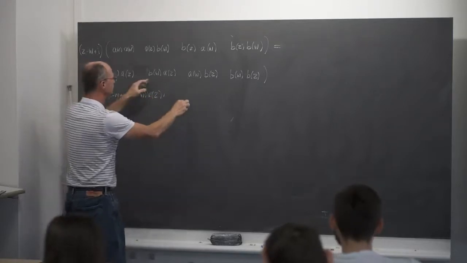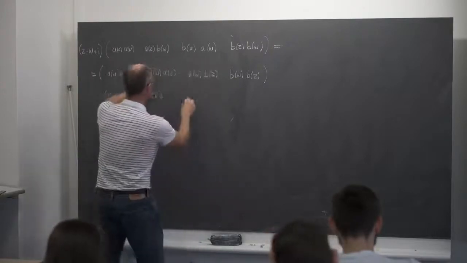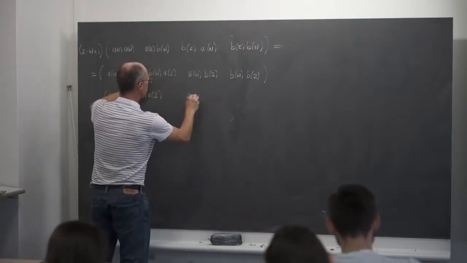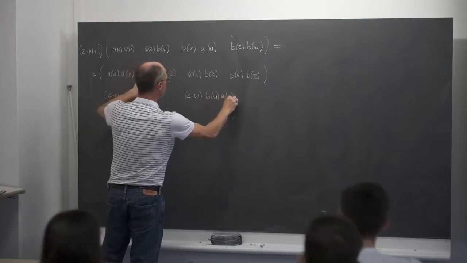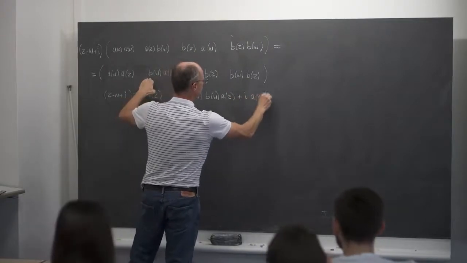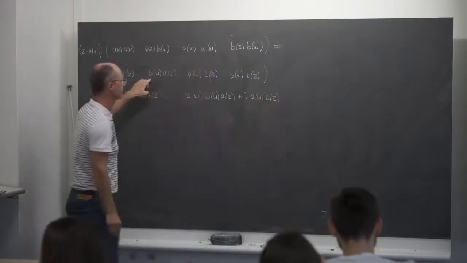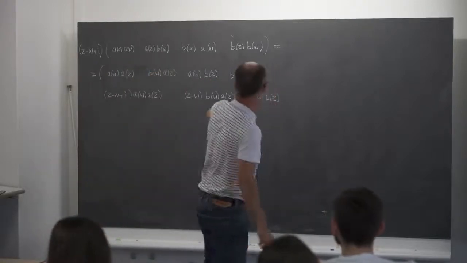So now the next entry, here it becomes more complicated or more interesting. It becomes Z minus W times B of W, A of Z, plus I, A of W, B of Z, right? So the next entry becomes what?